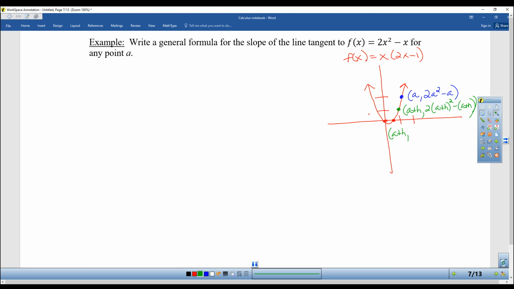If you want, you can pause it and then just skip ahead and see if you did it right. 2 times (a squared plus 2ah plus h squared) minus a minus h. Minus (a plus h). 2a squared plus 4ah plus 2h squared minus a minus h.